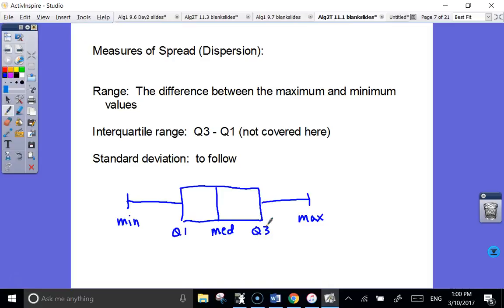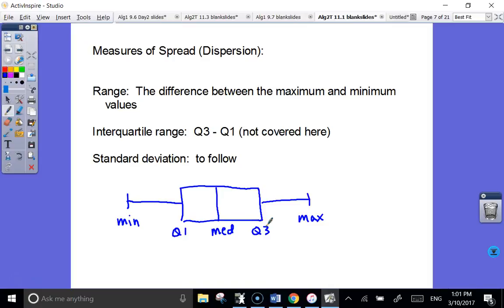So range, just the flat out range, the max minus the min, is not really a good measure of spread. Because for example, if I go to the veterinarian and the wait times are mostly concentrated around 20 minutes, but then the next time I go in, I wait 2 hours, that's going to make the range huge because of one value, which was anomalous.